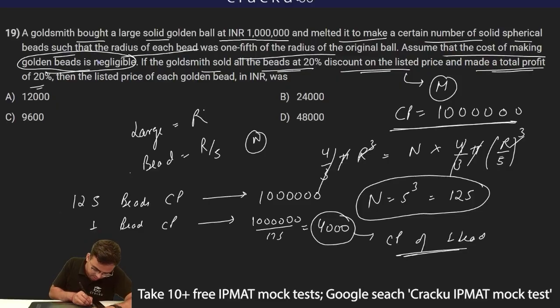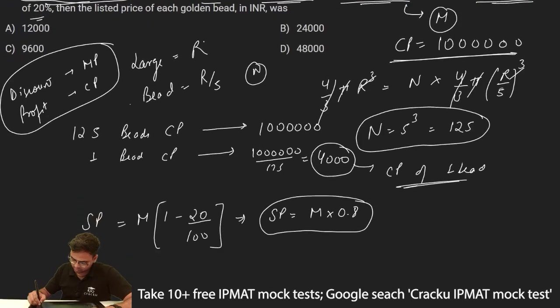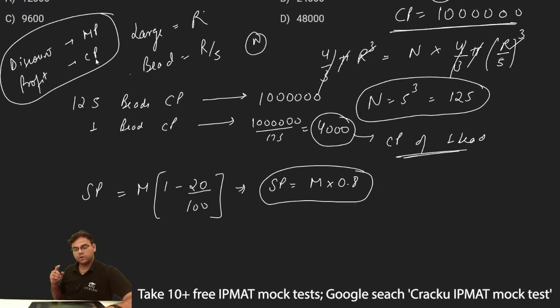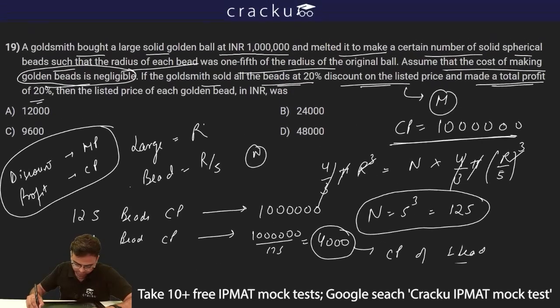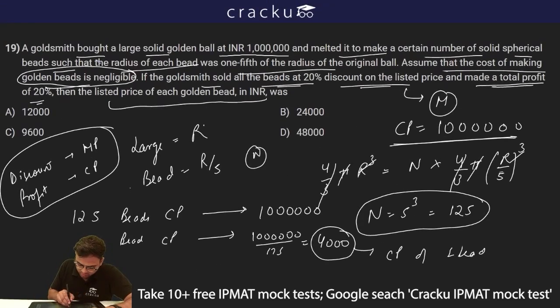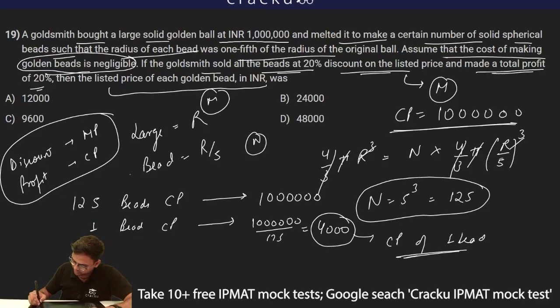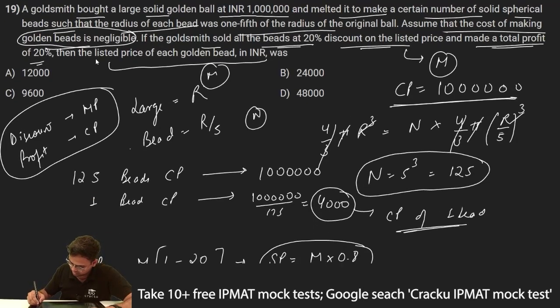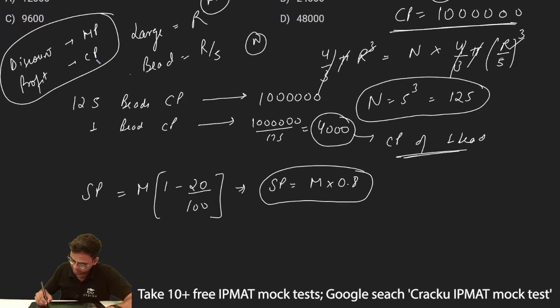Discount is always given on mark price, and profit is always made on the cost price. Profit is made on the cost. If it is making profit of 20%, then the listed price of each golden bead in INR, we have to find out the value of M. It is making a profit of 20%, which means if CP of bead is 4,000, so SP will be CP into 1 plus profit percentage.